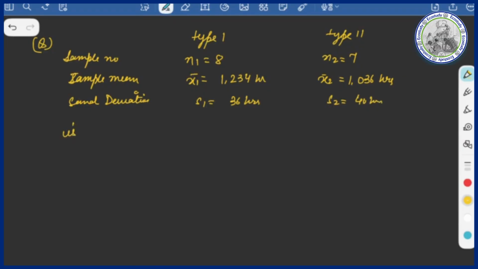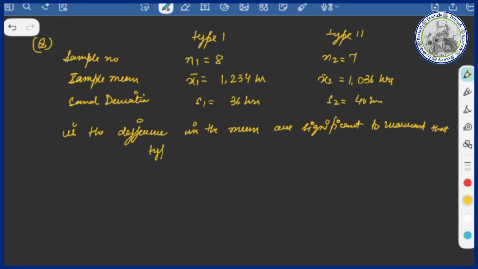Now the question is: is the difference in the means significant to warrant that type 1 is superior to type 2 regarding length of life? Don't confuse type 1 and type 2 here with the errors; these are not that.